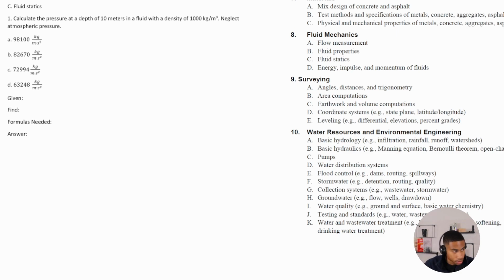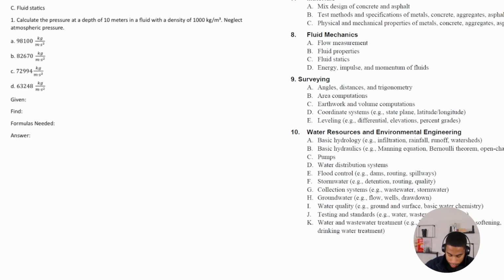All right, so number one says, calculate the pressure at a depth of 10 meters in a fluid with a density of 1,000 kilograms per meter cubed. Neglect atmospheric pressure. All right, so what is the information that we're given? We are given the depth, which is 10 meters.